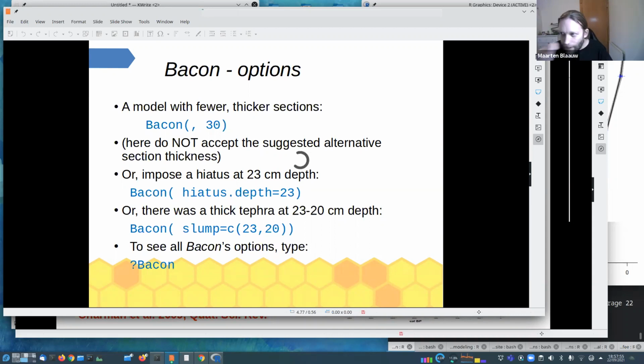So you can excise those depths from the age model and put them back in later, so you can get your model with slumps in there. If you want to see all Bayesian's options, you simply type question mark and then Bayesian, and that will tell you all the options and some explanation of what they do and how they can be changed.